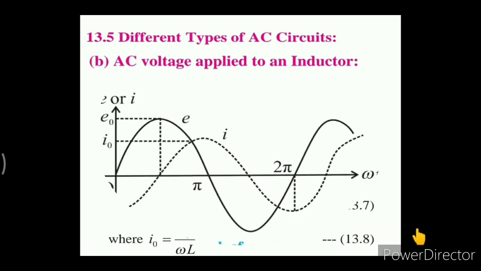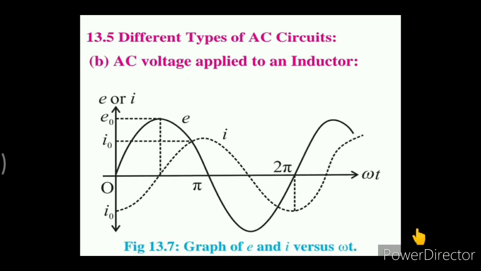From the graph also it is very clear that the EMF leads the current. See, when we get the maximum value of the EMF, that is E0, the peak value of the EMF, at the same time the current is 0, and this is for the angle omega t equal to pi by 2.